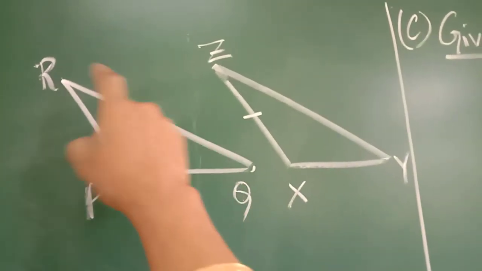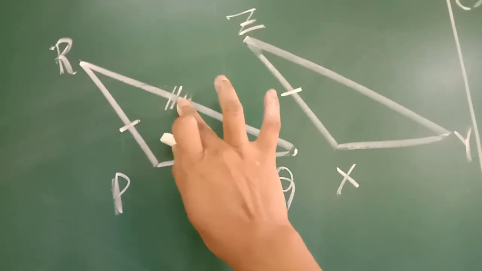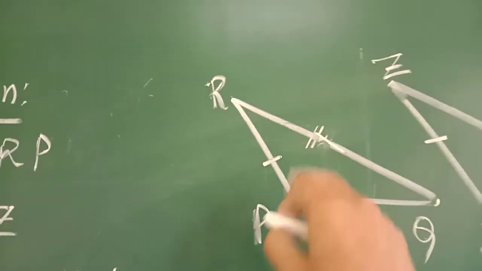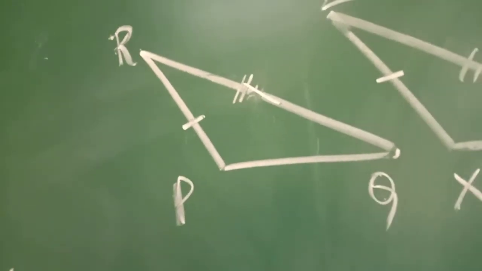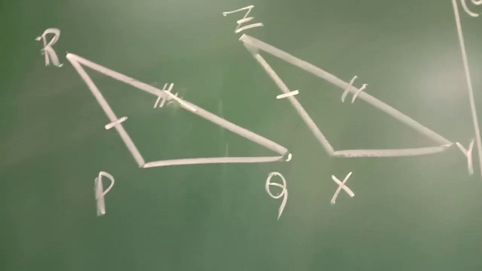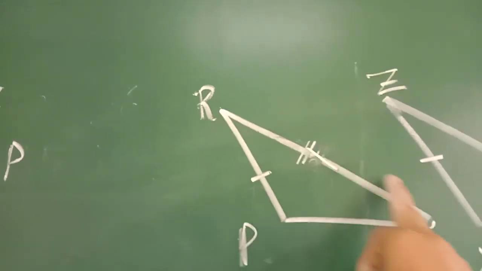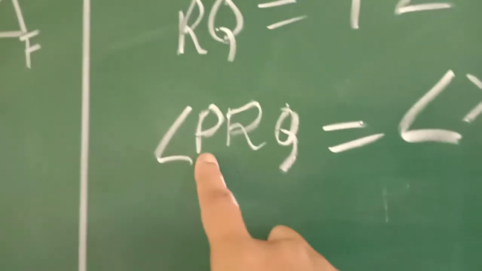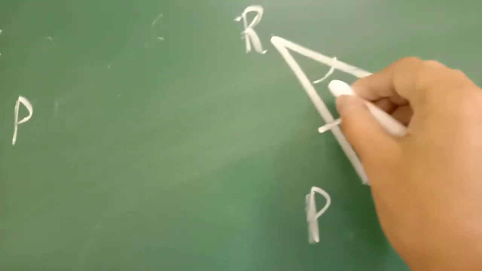RQ, sorry, 2 marks are here. RQ is equal to YZ, and angle PRQ, R is the middle, so the angle is formed in the middle.